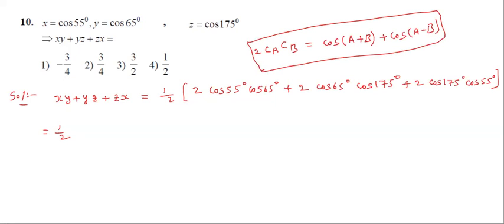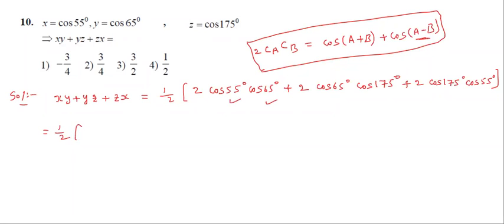Only cos A cos B means there is no formula. 2 cos A cos B means cos of A plus B plus cos of A minus B. Here, students, how to take the A and B values? Take the A value big and the B value small. Then only A minus B you will get positive. So here I am taking A as 65, B as 55.